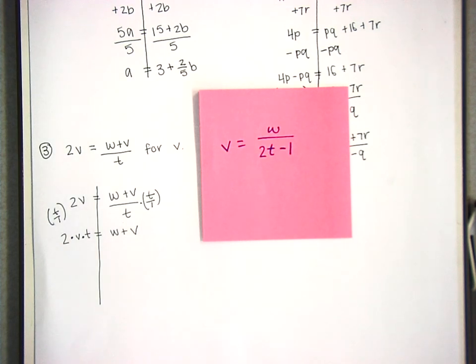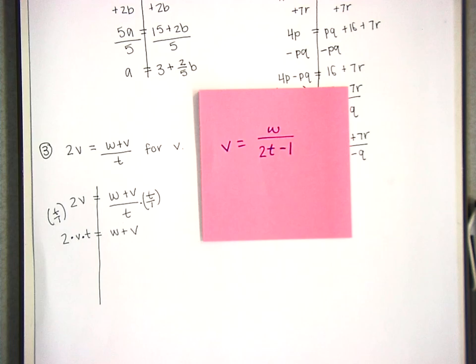Right here. Minus B. So first you want to get the V's on the same side, so subtract V. So now over here you have 2VT minus V. What's in front of the V? So minus 1.